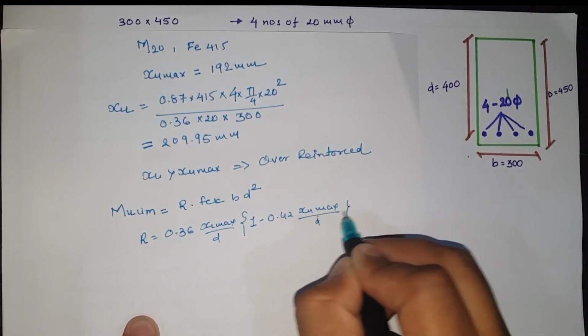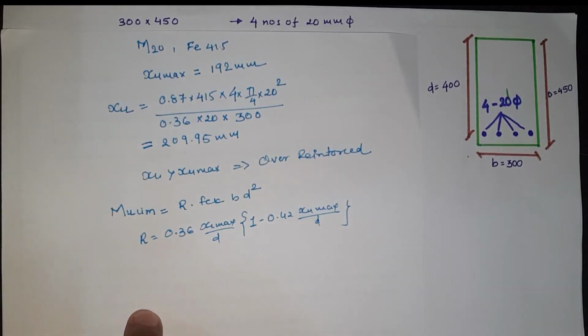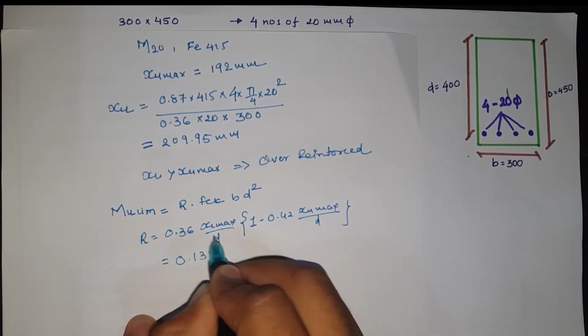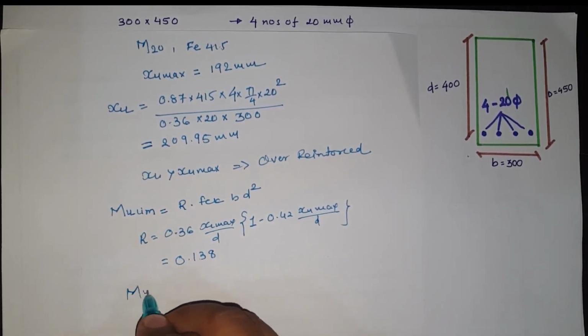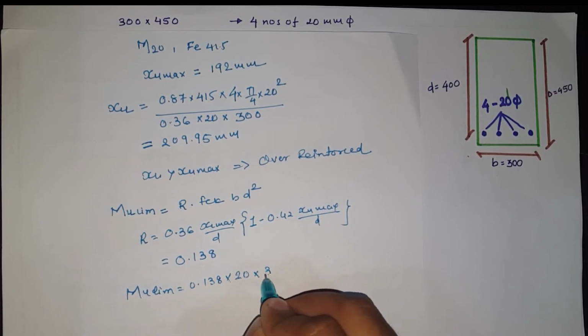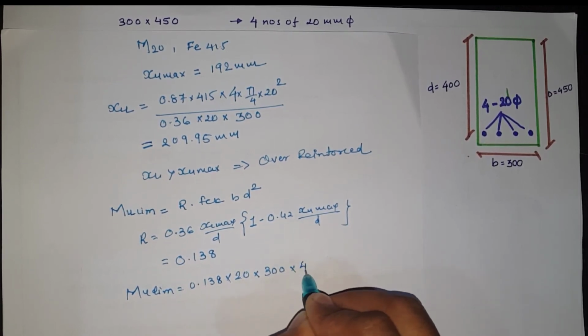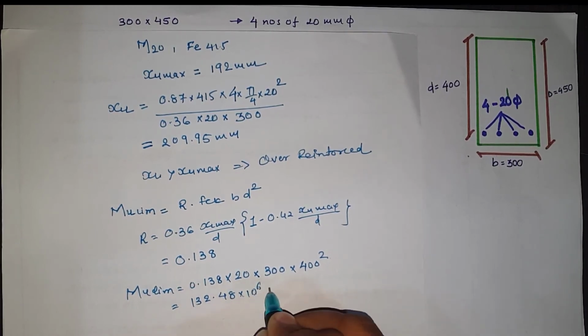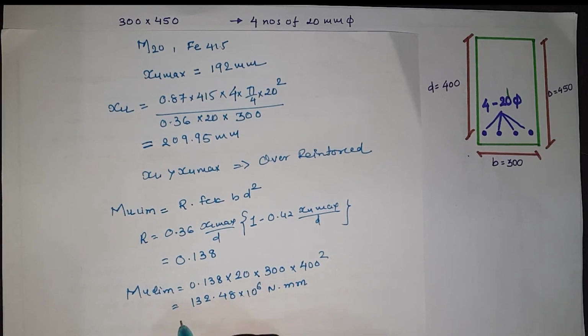If we put xu max by d equal to 0.48, we get 0.138 as R. So Mu limit is 0.138 into fck into b into d square, which is 132.48 into 10 raised to 6 Newton mm, that is 132.48 kilonewton meter.